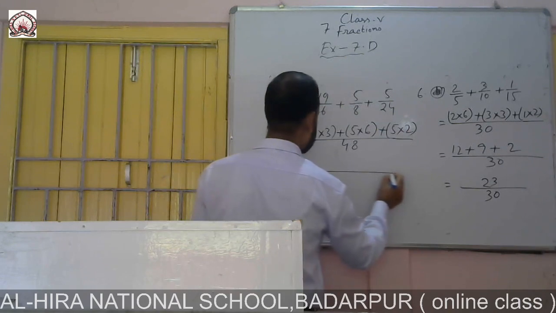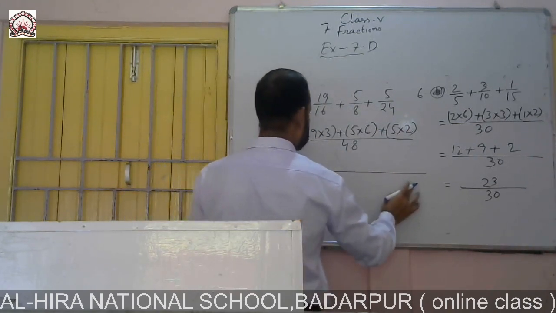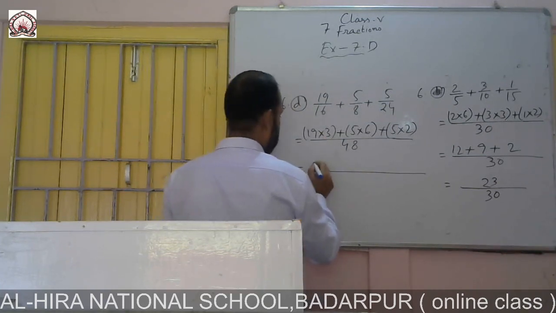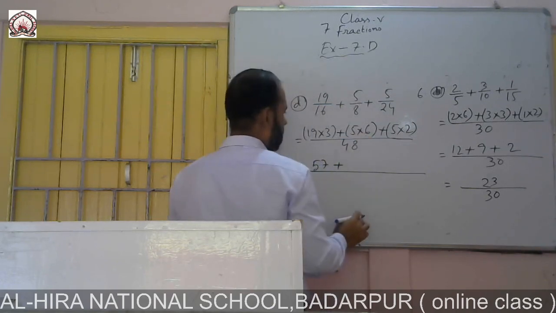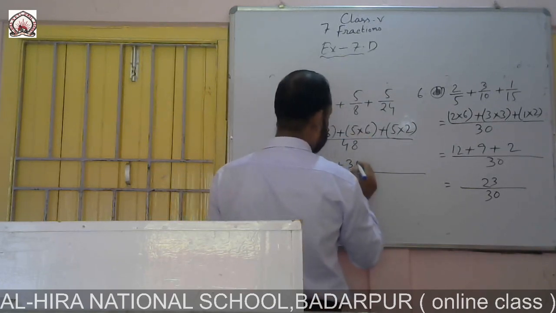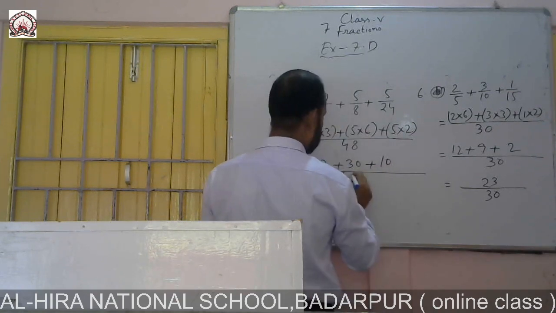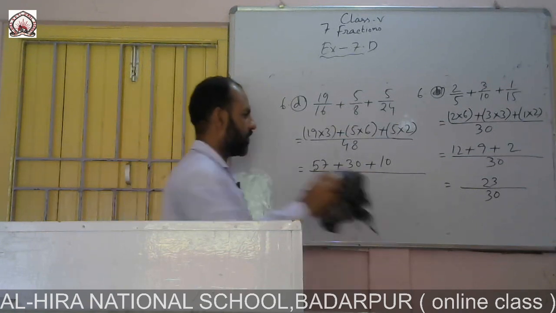Now 19 3s are 57 plus 5 6s are 30 plus 10 equal to by 48.